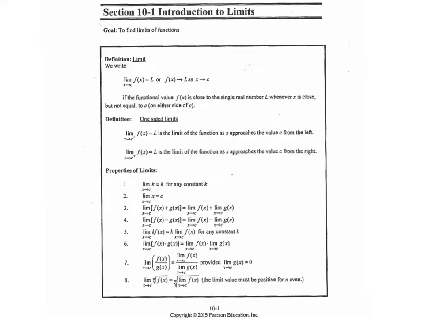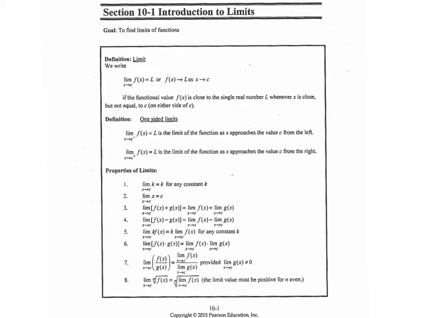The rest of these we talked about a moment ago, that you can add limits, you can subtract limits. If you have a constant that is being multiplied times a function, if you get the limit of the function, multiply it times the constant. If you have a product of functions, you can get the limit of each of the functions and then multiply those limits. That's number 6. Number 7 is the same as far as a quotient.